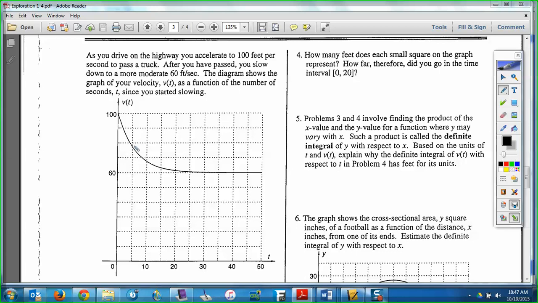Okay? All right, so read the scenario here on exploration 3. Think about it a second.